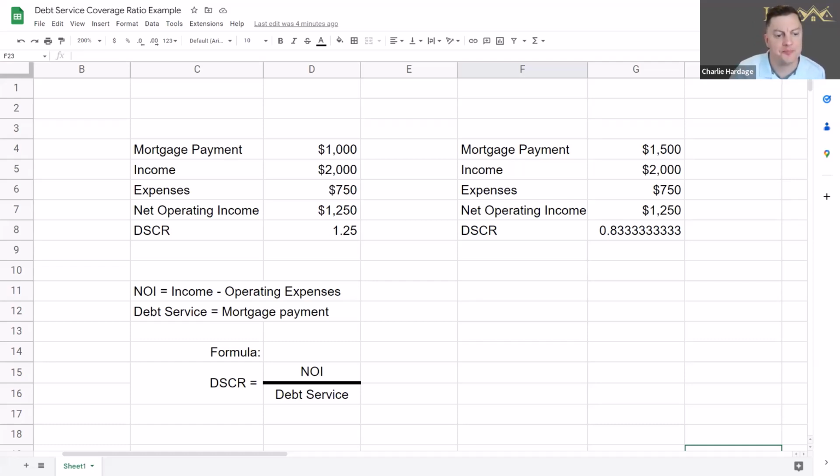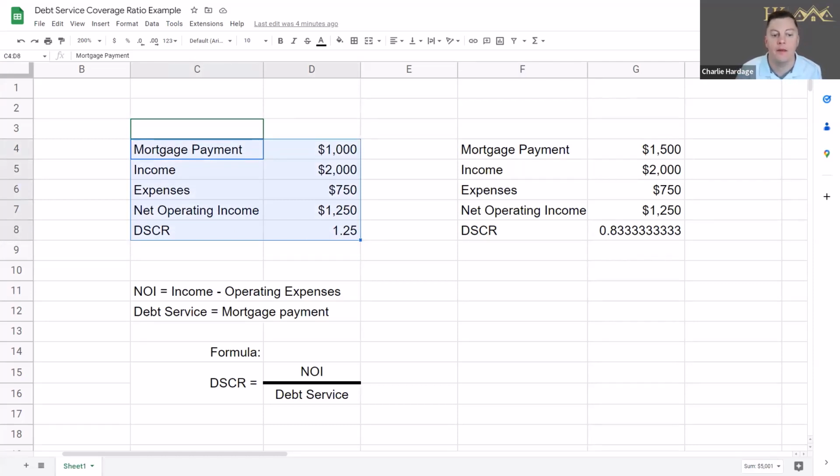In this case, let's look over here first. We are looking at a monthly mortgage payment of $1,000. That property rents for $2,000 a month, and there's expenses that are $750 a month.